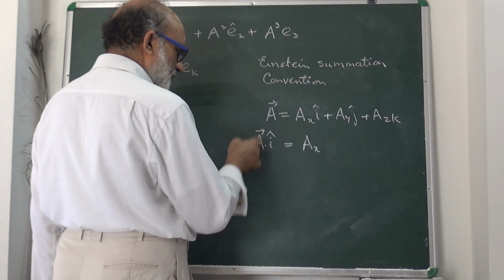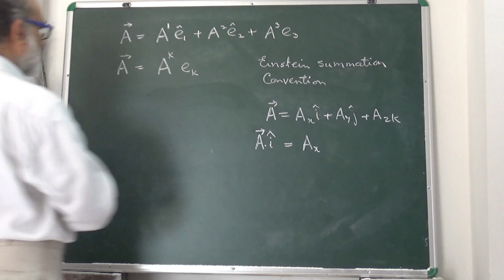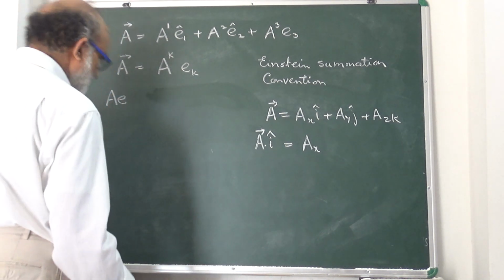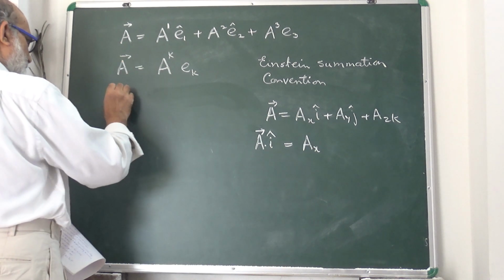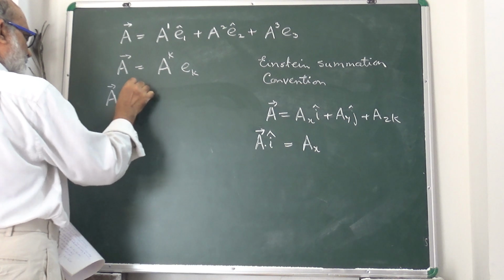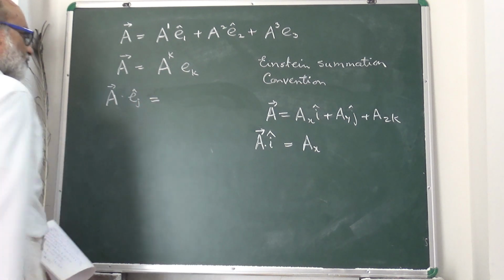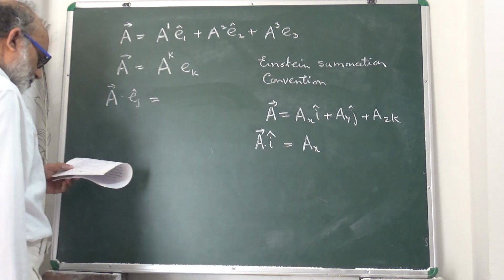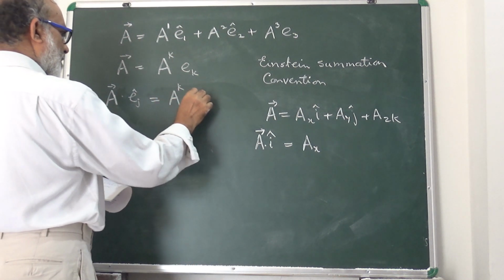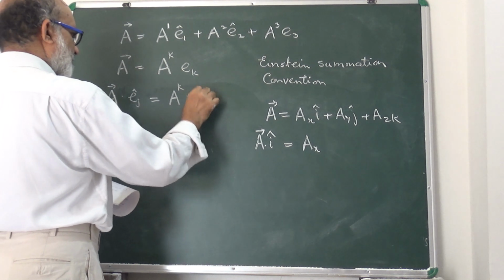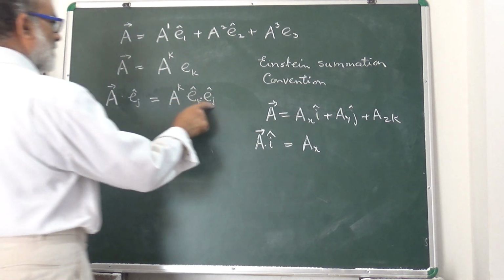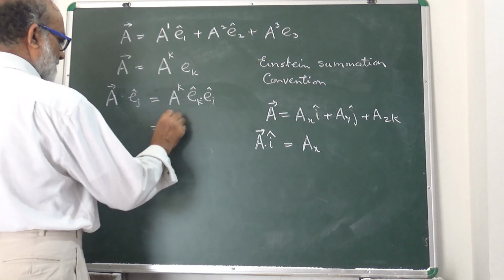So the X component is here. Similarly, if you multiply by EJ, you get AK EK dot EJ.